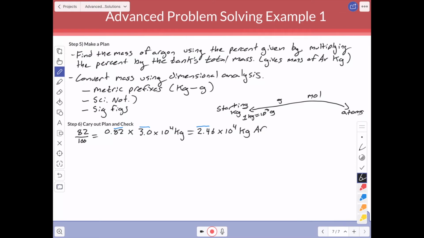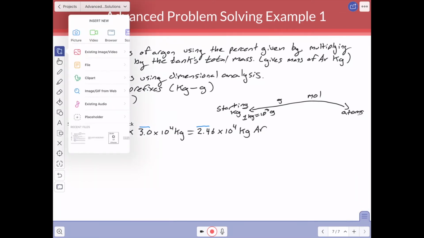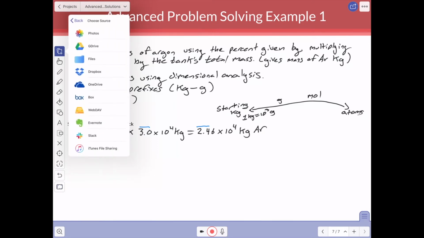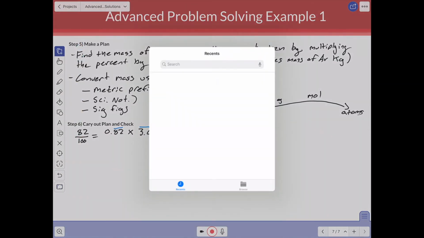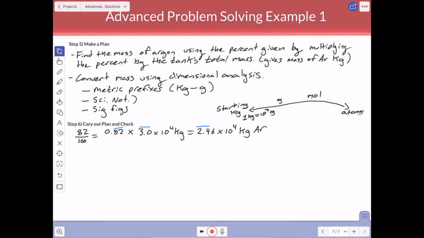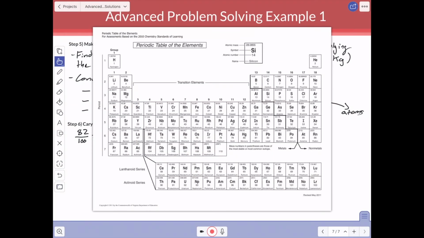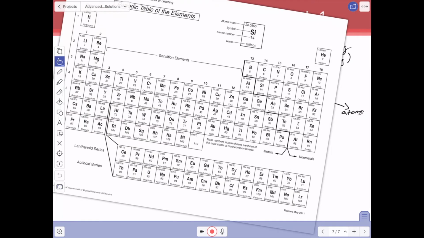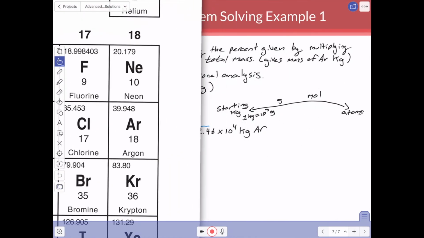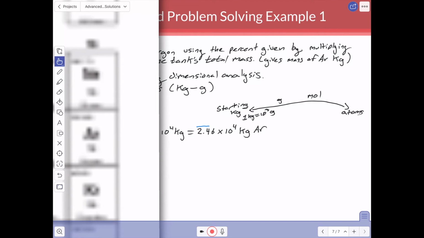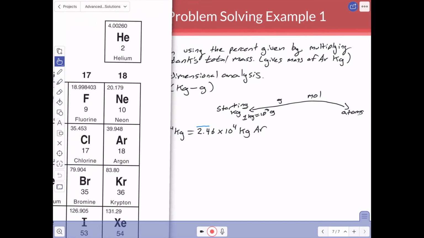Let's see, do I have one inside here? I should have an existing periodic table in my files. And I do. So I'm going to pull one up here. And argon. Here's what we're going to need for going from grams to moles, right? Oh, that is blurry. There we go.